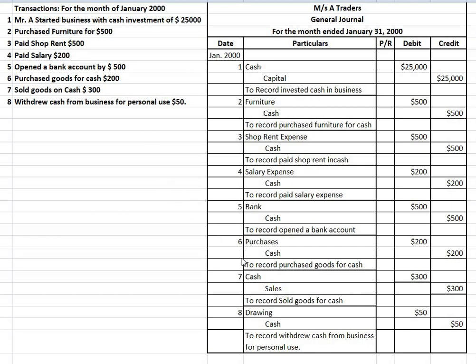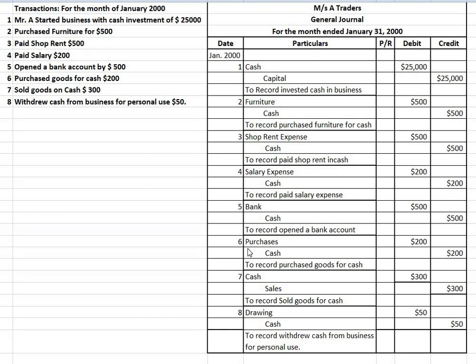You can see in the journal, in transaction 6, whenever goods are purchased or sold, goods whenever purchased are to be recorded as purchases. The terminology purchases is used for goods or merchandise. Whatever we are buying for the purpose of sale or resale, you can say it is our merchandise.